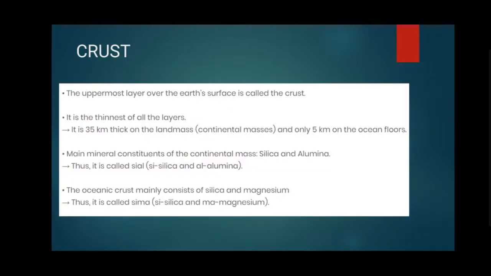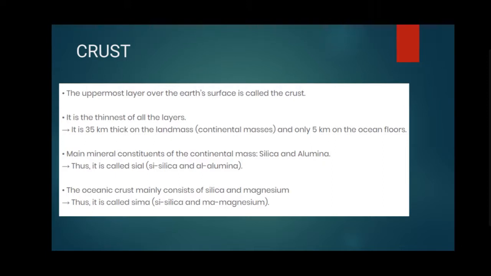First, we are going to see about crust. The uppermost, outer layer over the Earth's surface is called the crust. That is the thinnest layer. Compared to all other layers, this crust is the thinnest layer. It is 35 km thick on land mass and only 5 km on the ocean floor.